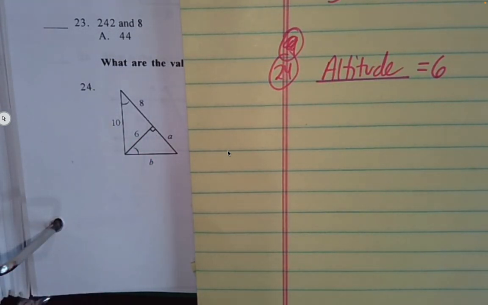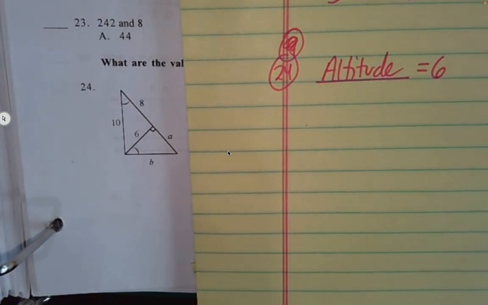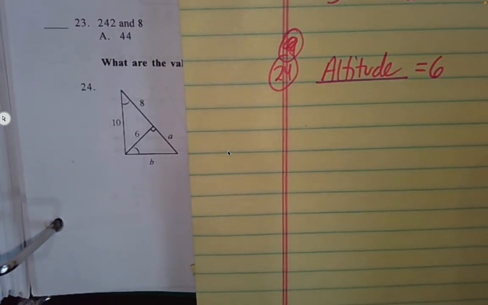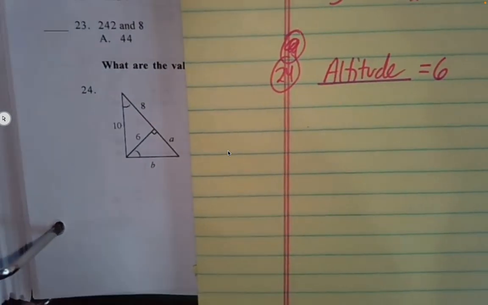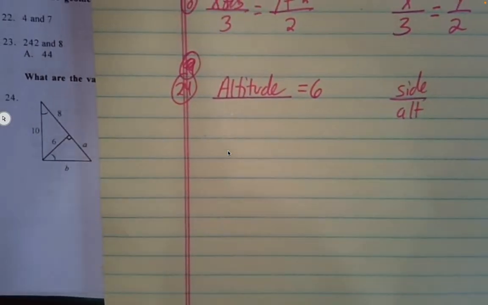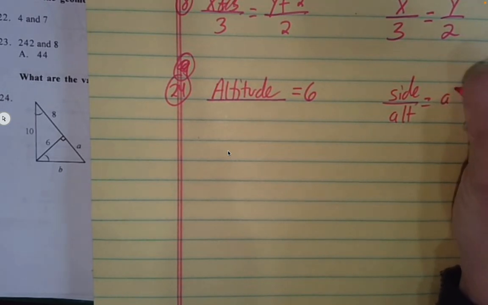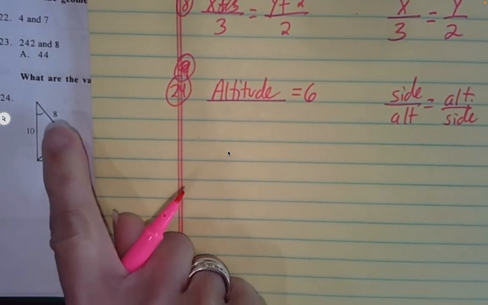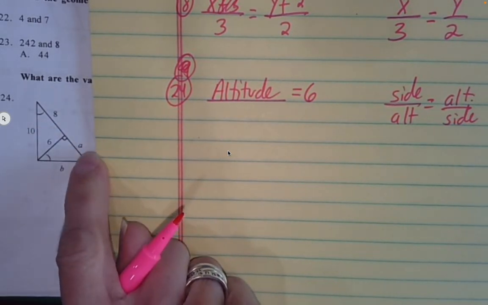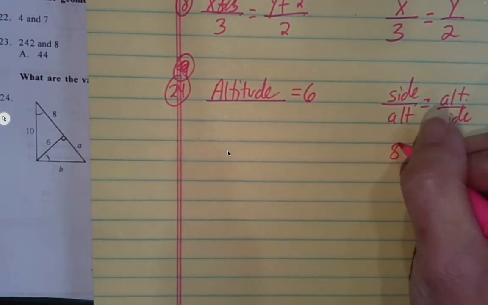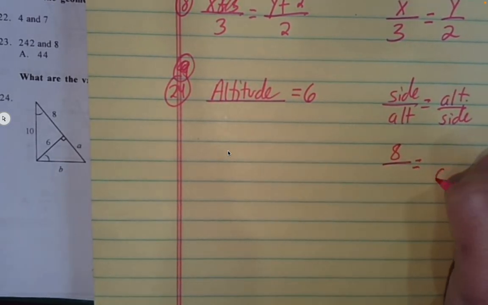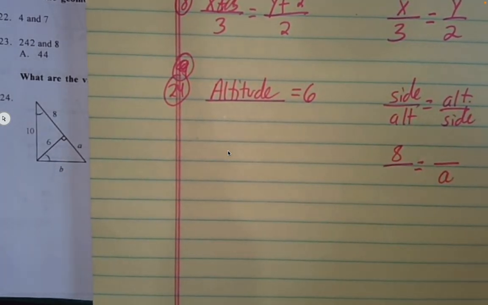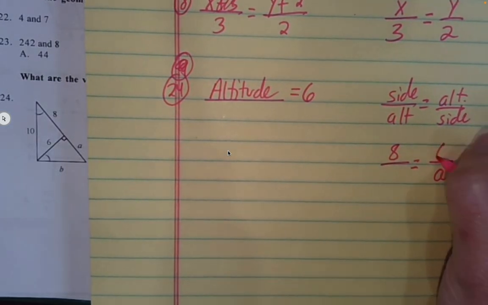So I'm going to use this formula, and it says you take your side over the altitude equals altitude over the other side. One of our sides is 8, and one of them is A. So I'll do 8 and A, and the altitude is 6.